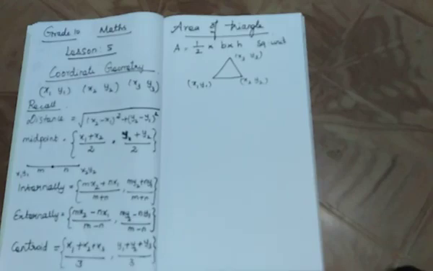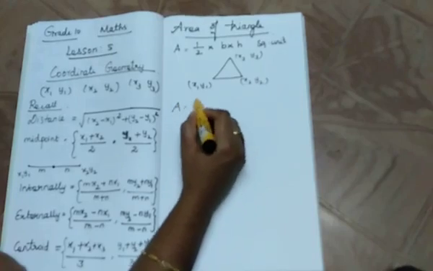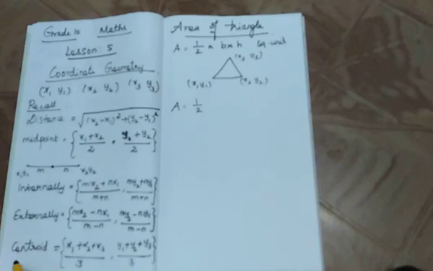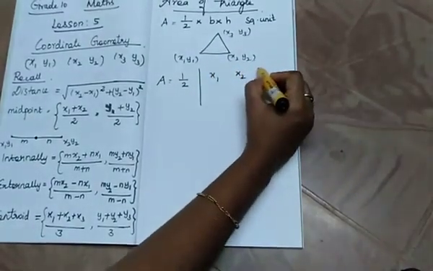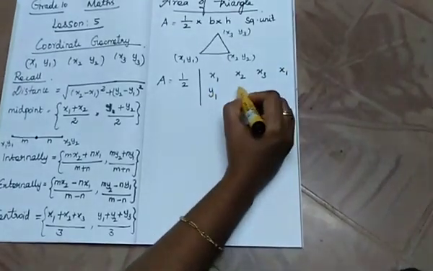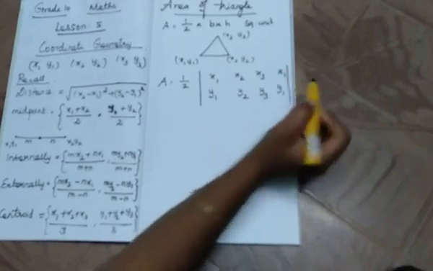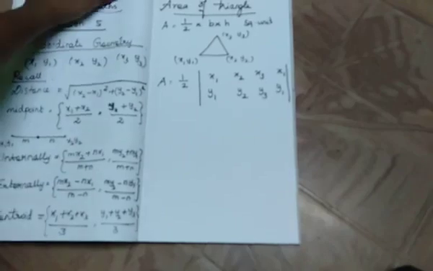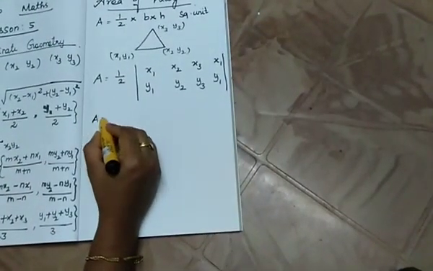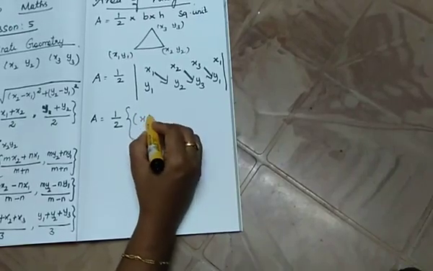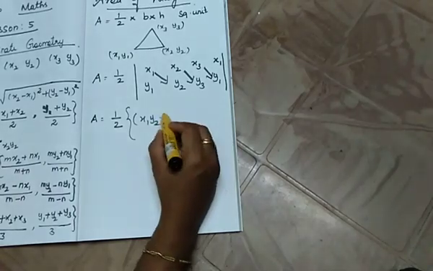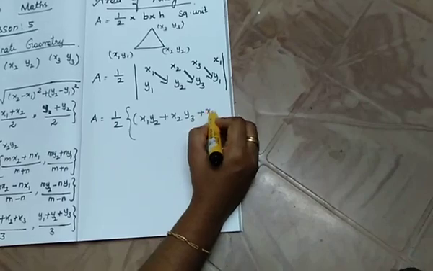If 3 points are given, how do we find the area? The area is equal to half into, for your easiness, we can write x1, x2, x3 and end it with the same starting point, and y1, y2, y3, ending with the same. So the area is equal to half into, starting from the top: x1 y2 plus x2 y3 plus x3 y1.